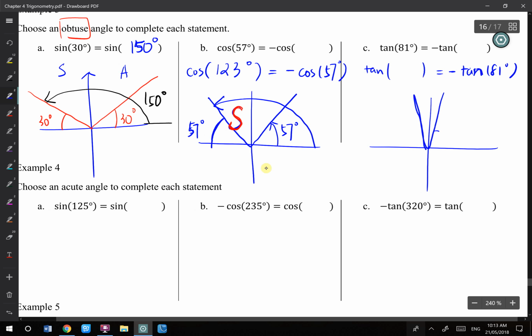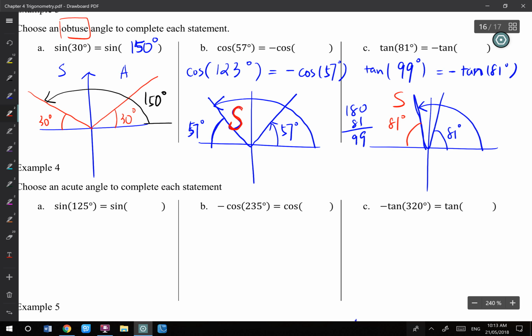This one will give you 180 minus 81, so that will be 99 degrees. A little bit over that side because I need a reference of 81 degrees. Also, I need the negative because it's the sine quadrant. So I change 99 to 81 as the reference angle, but I need the negative in front of that.